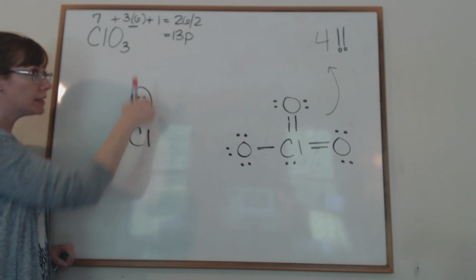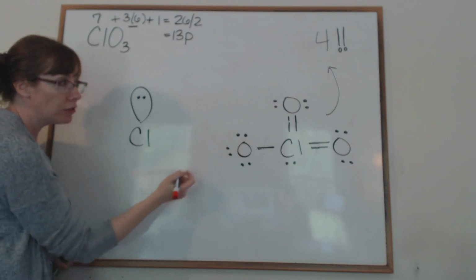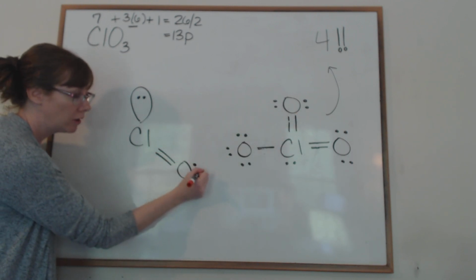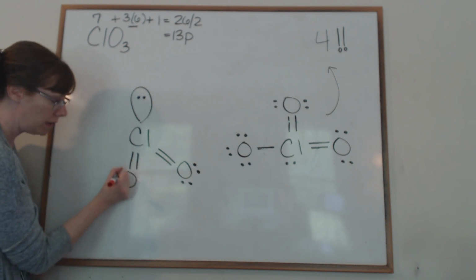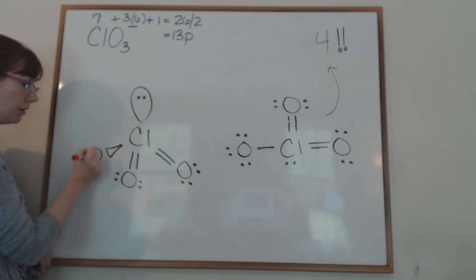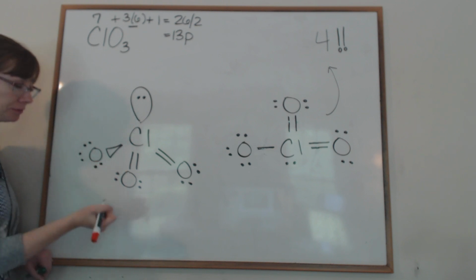And I draw it in a bubble because it's not like there's an atom up there. Then the other groups, I'll just arrange around. I'll do the double bond to the O here, the other double bond to the O here, and the single bond backwards. And that would be the VSEPR model.